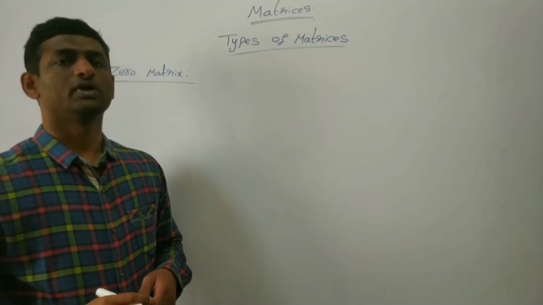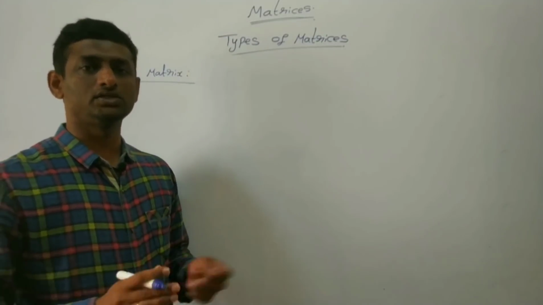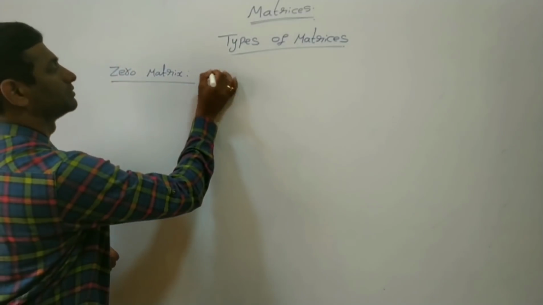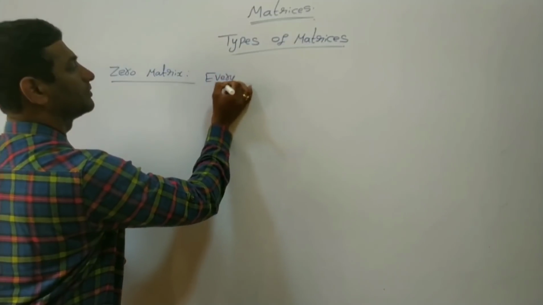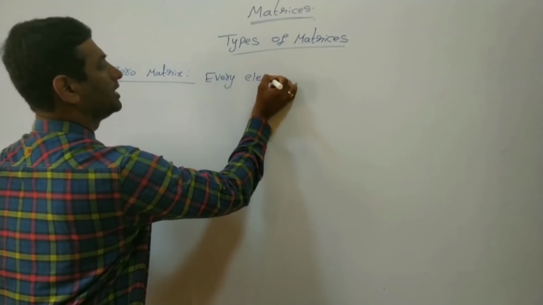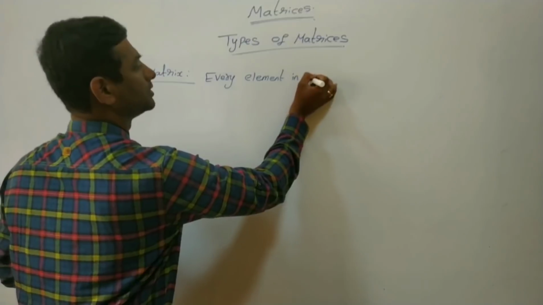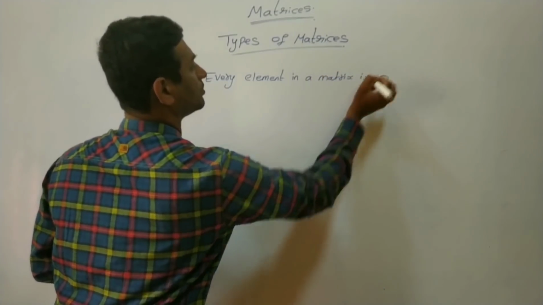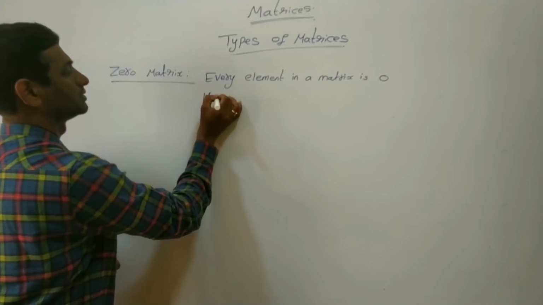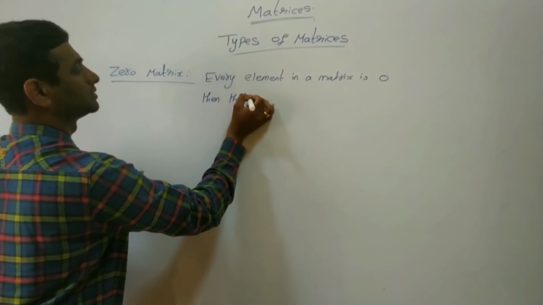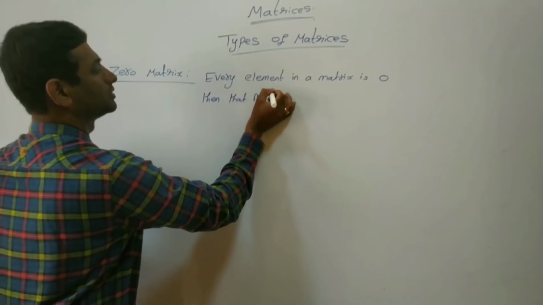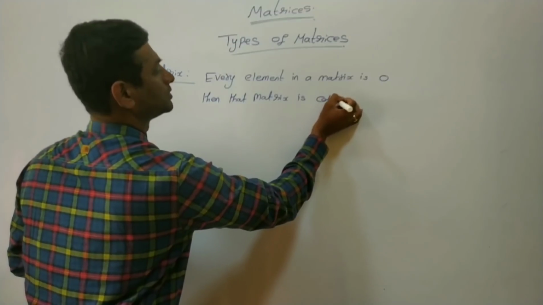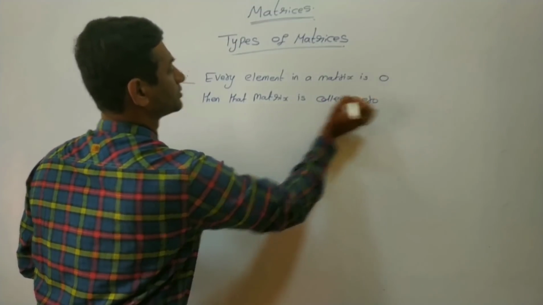If every element in a matrix is 0, then that matrix is called a zero matrix.